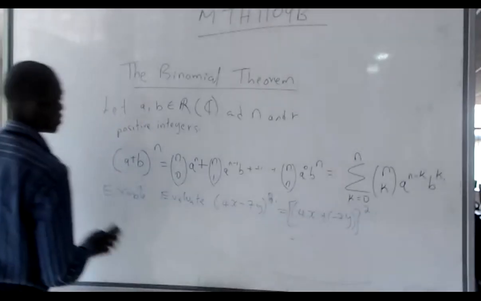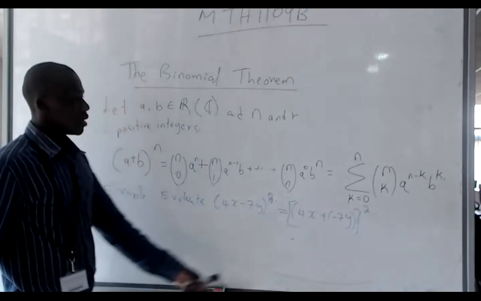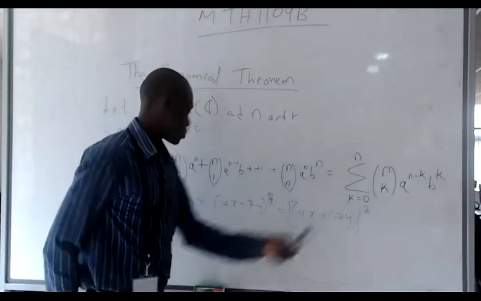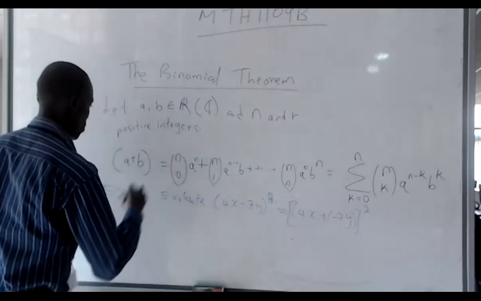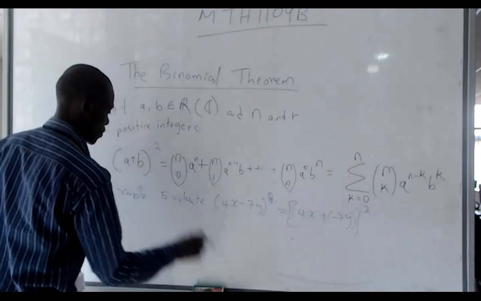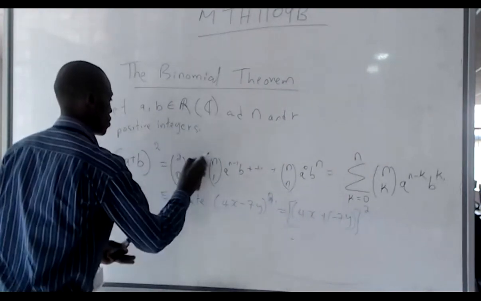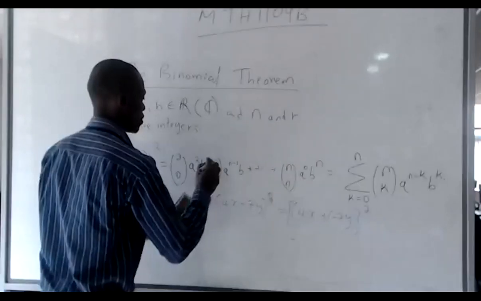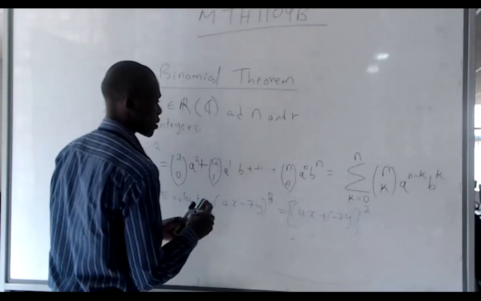I want to use the binomial theorem. So what I will do, where there is n in the theorem, I replace with 2. So that means I will have a plus b squared, and then this n becomes 2. This guy becomes 2. This guy becomes 2. 2 minus 1 becomes 1.